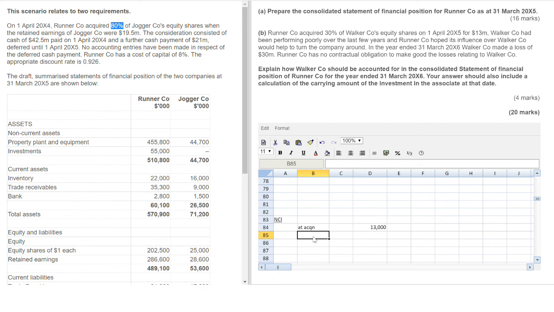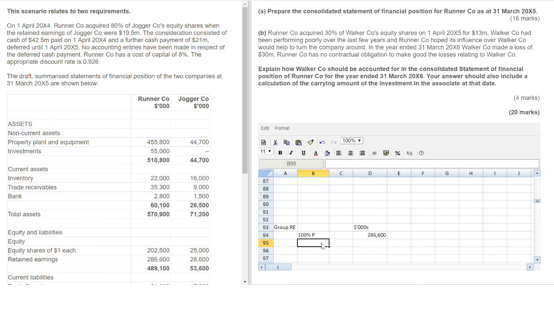So therefore, we have 20% multiplied by the 7380. If you tap that on your calculator, it gives you 1476. So what do we end up with there? Is that 14476 for your non-controlling interest.